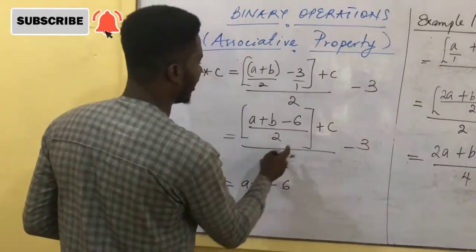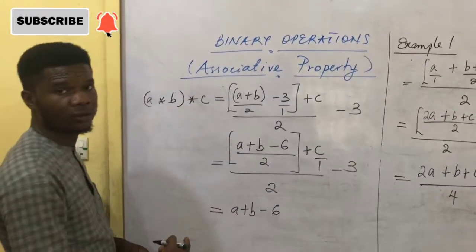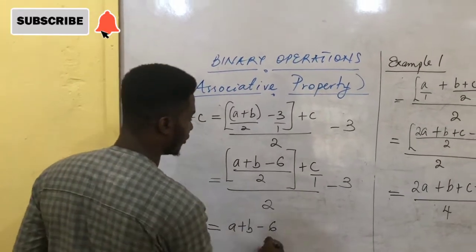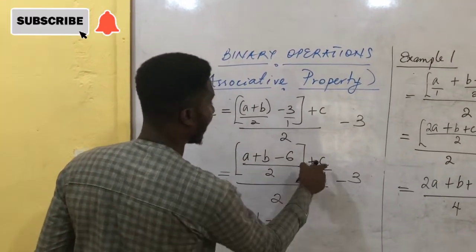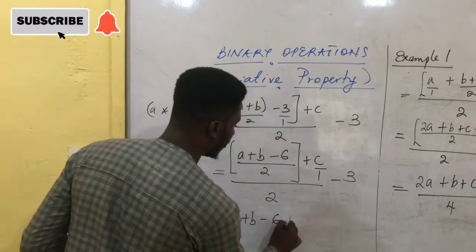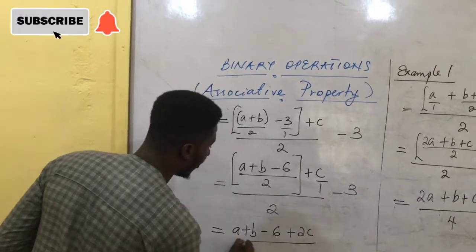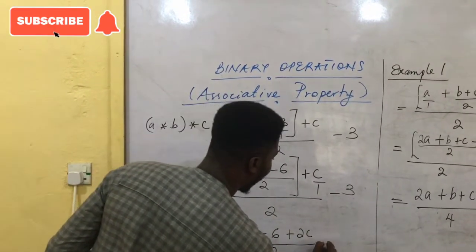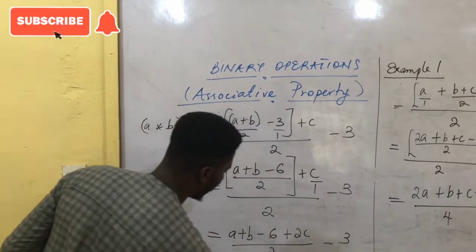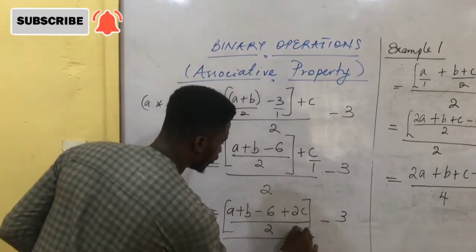Then if you take the LCM of, over here you have 1. So if you take the LCM of 2 and 1, you're going to have 2 again, and that means that C becomes plus 2C all over 2 minus 3. All this over 2.